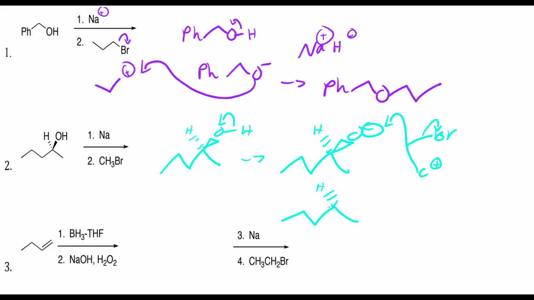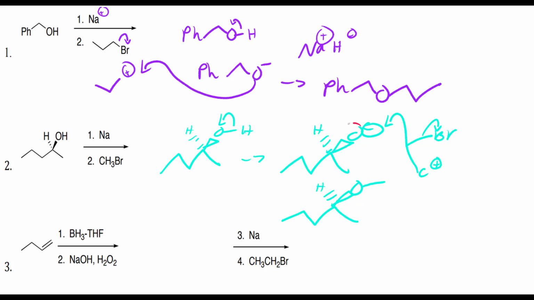Now, be very, very careful. I made this mistake a couple of times when I was studying this. This does not invert. Why does it not invert? I thought that whenever we have an SN2 reaction on a chiral carbon, we do stereoinversion, meaning that the wedge becomes a hash, or the hash becomes a wedge. Well, that is true, but notice where I did my addition.